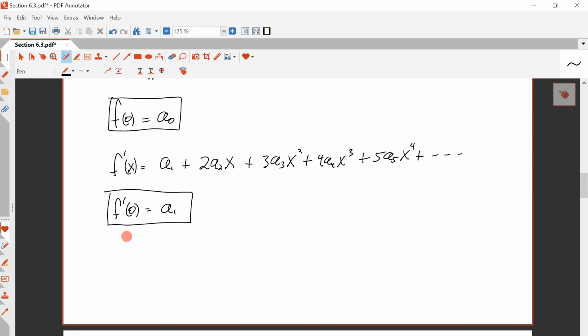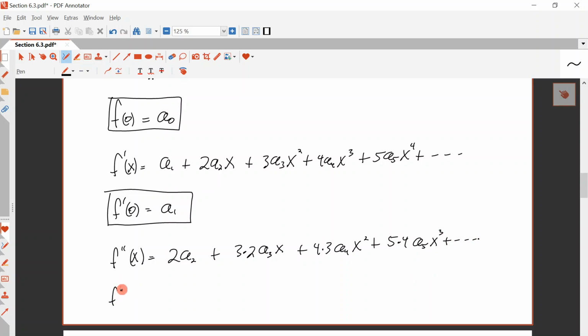Let's do it again. Take the second derivative. Well, that's 2a2 plus 3 times 2 a3x plus 4 times 3 a4x squared plus 5 times 4 a5x to the third, so on and so forth. Plugging in x equal to 0, I have f double prime of 0 is 2a2, these are all 0.